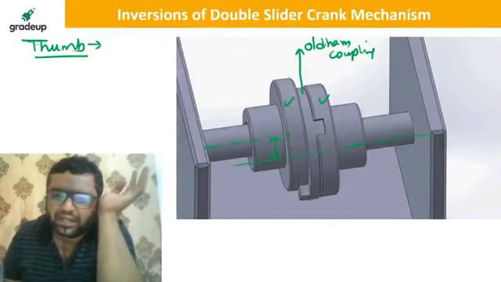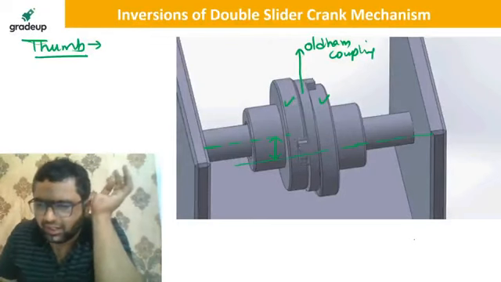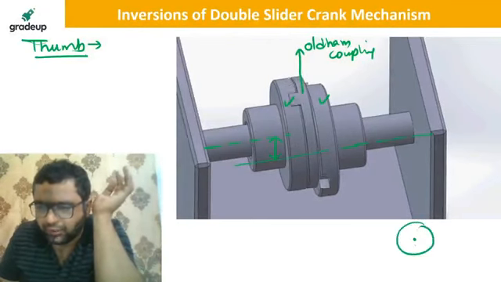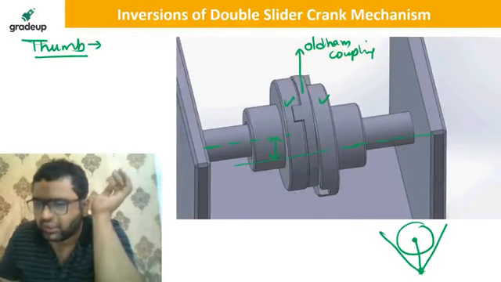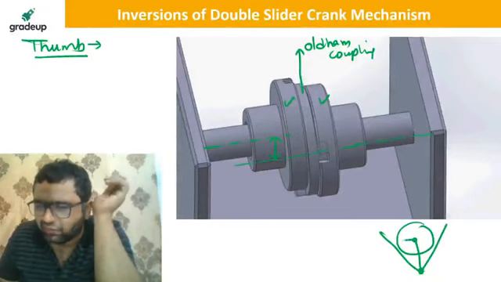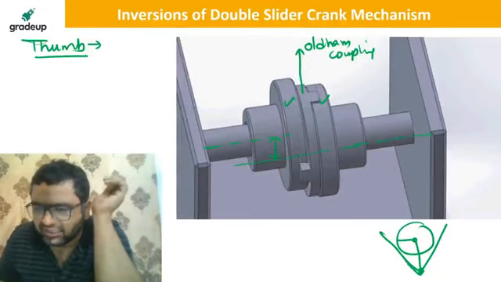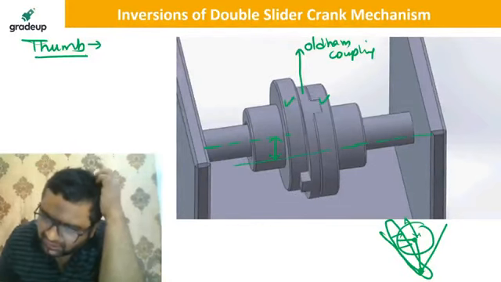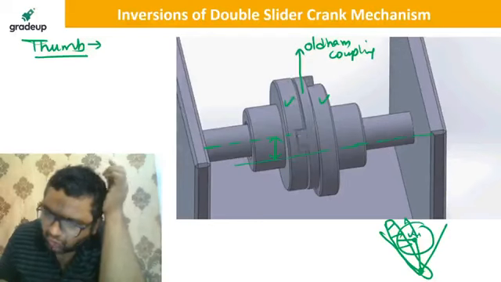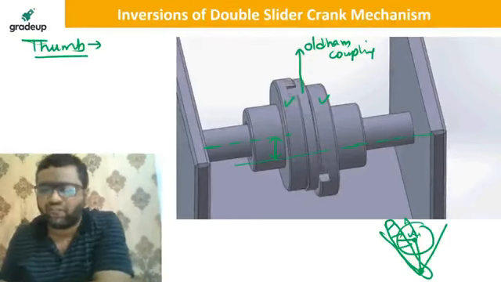For example, in crank and slotted lever mechanism, you know that crank was rotating about this point, slotted bar was oscillating about this point. So both are having rotation about different points. So they both were connected with the help of slider. Slider was having the reciprocating motion or sliding motion inside the slotted bar. Why? Because my dear, slider is connected with two bodies, crank and slotted bar, which are rotating about different centers.